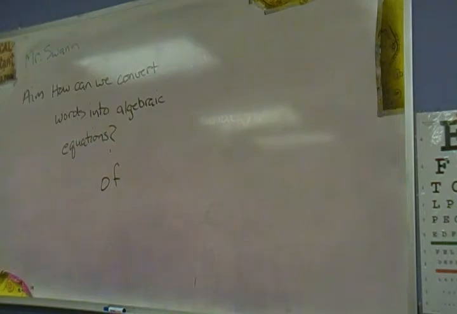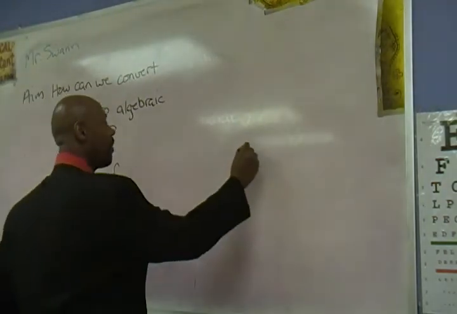It says a number divided by 4. How would you represent it? X divided by 4. How are you going to write that? X over 4. That's what it is.